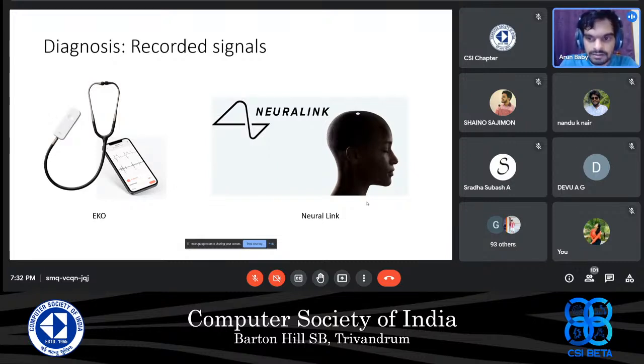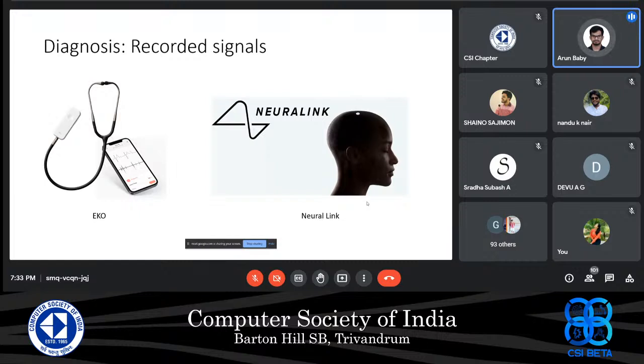Not because of its use as a brain-computer interface, where you can listen to music or control your mobile phone or electronics with the interface, but mostly because it will be one of the best ways to detect a lot of diseases in the brain.